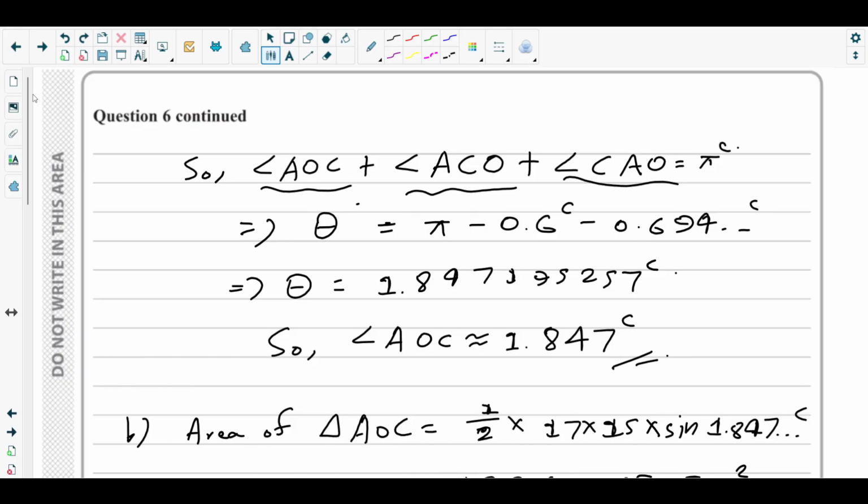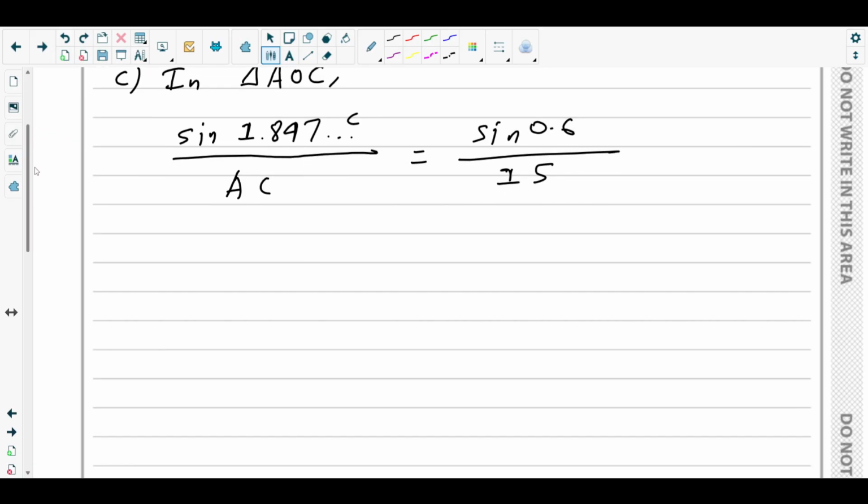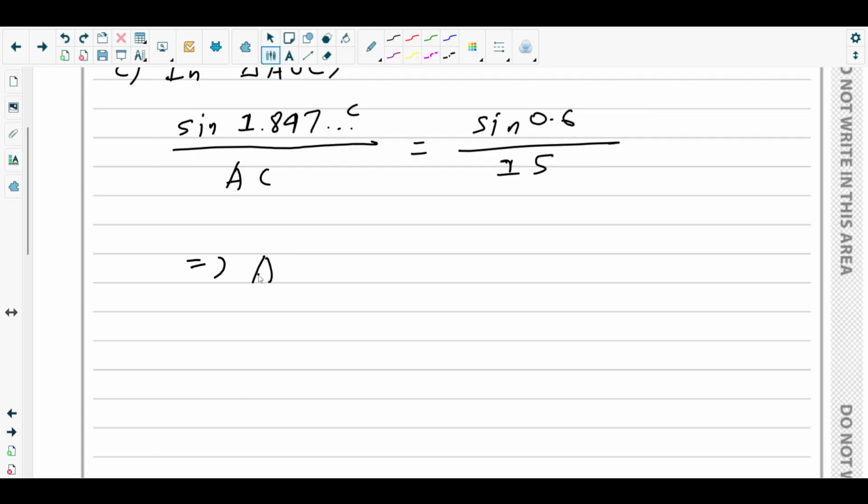No worries, I'll show you now in the figure what I have considered. I considered this theta and the opposite side AC, because I need to find out AC. I know this theta, which is 1.847. I found it in part A, and I considered this 0.6, sine 0.6 and its opposite side 15. Fair enough. Now just find out AC.